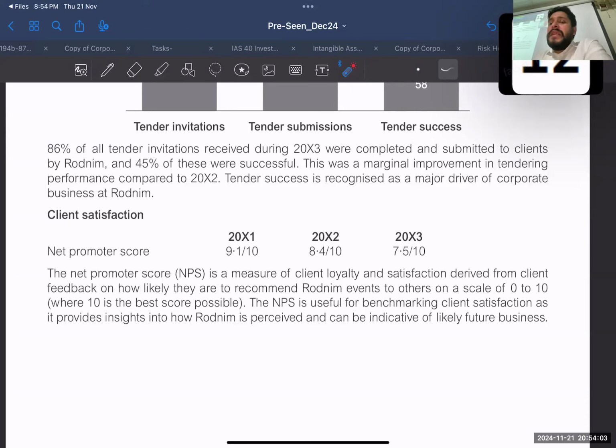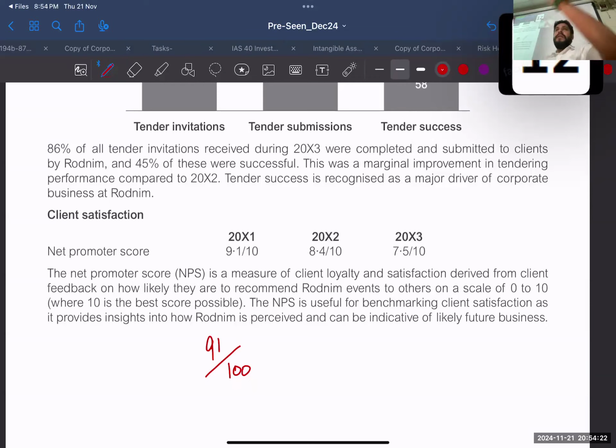Now, what do you understand by the net promoter score? Anyone? For example, if I am selling to 100 people, out of those 100 people, 91 people referred any other person to buy my services.